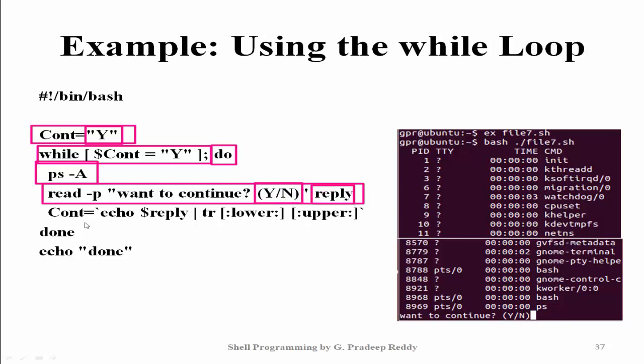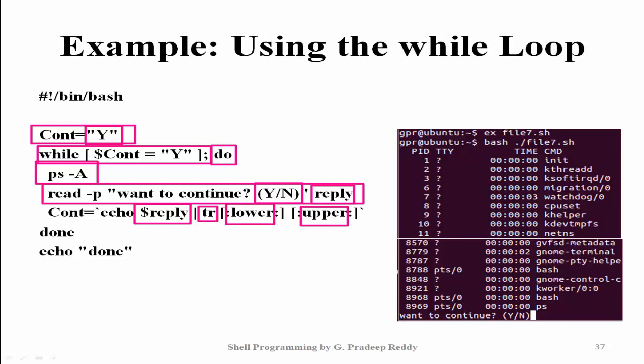So now you continue to echo, here you are going to specify reply. Then if a user enters small y or capital Y, you need to translate by using tr. If it is lower case, you are going to translate it into upper case.